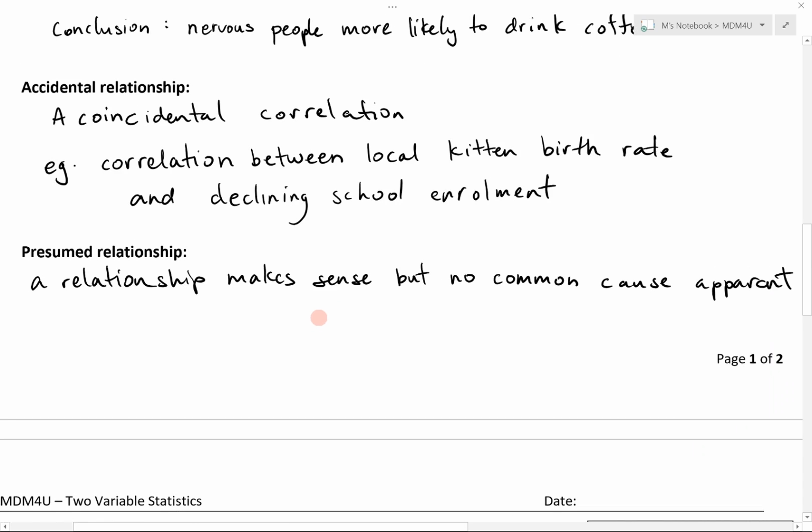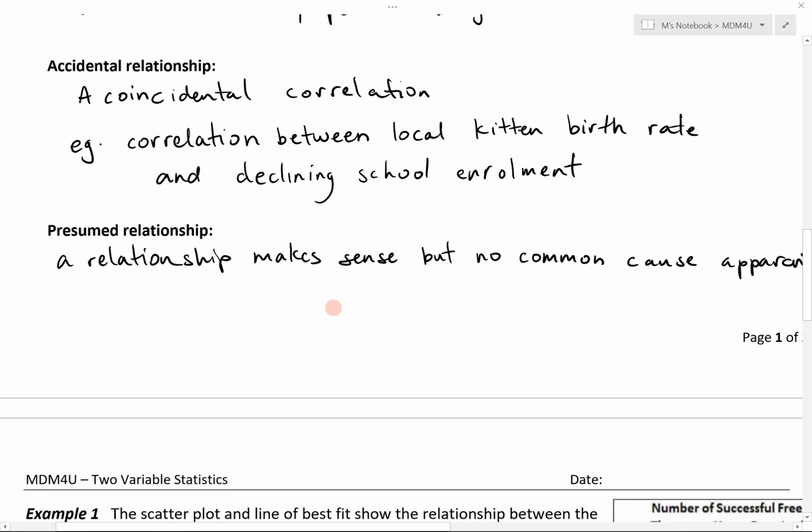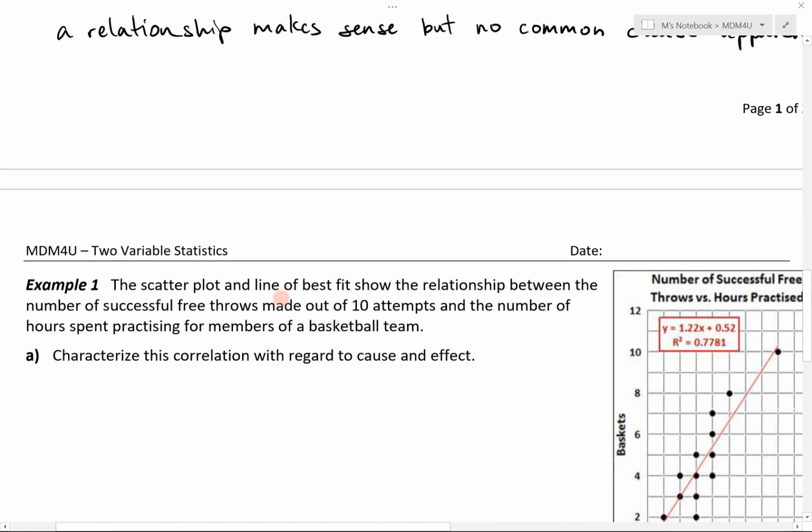What could that be? Maybe a correlation between self-esteem and vocabulary. The more self-esteem you have, maybe the more vocabulary level you have, how much diction you use in everyday speech. It could make sense, but there wouldn't be any particular common cause. All right, let's look at a few examples here.